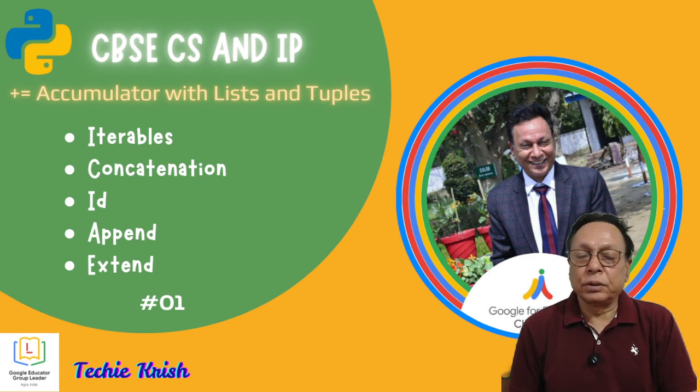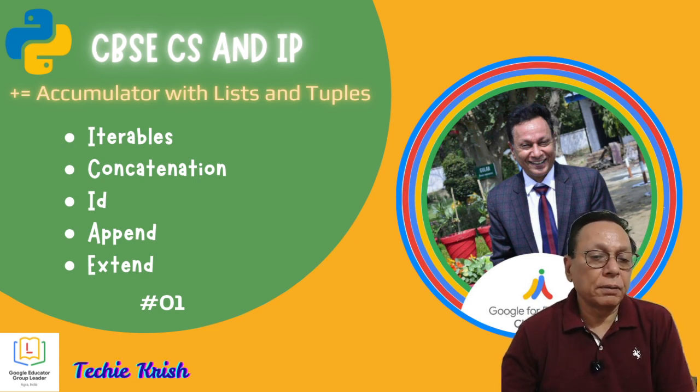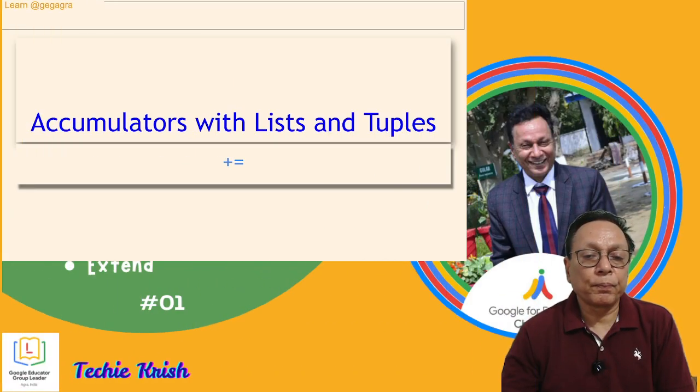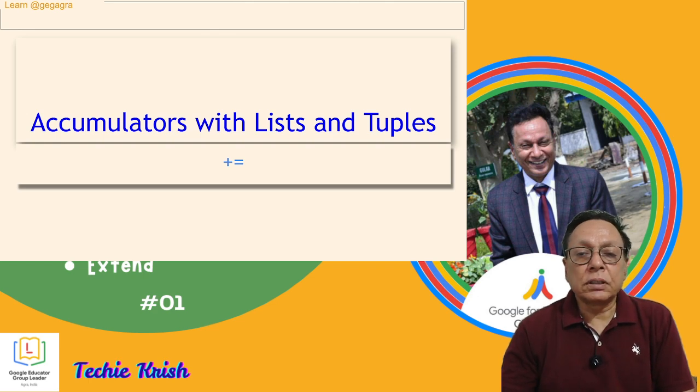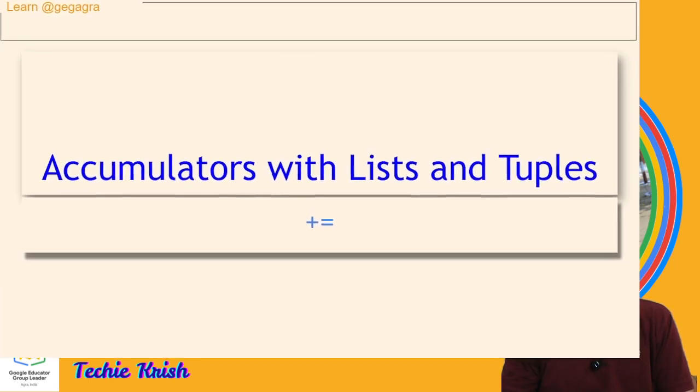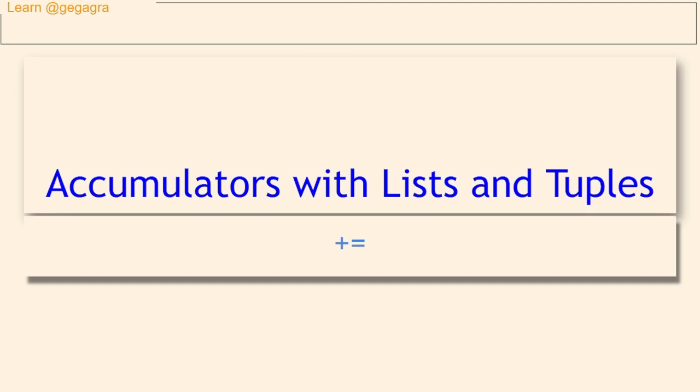So let's move to our presentation. So this is my presentation. Accumulators with lists and tuples. So sometimes we find the concatenation or the addition of list and tuples, list and list, tuples and tuples.